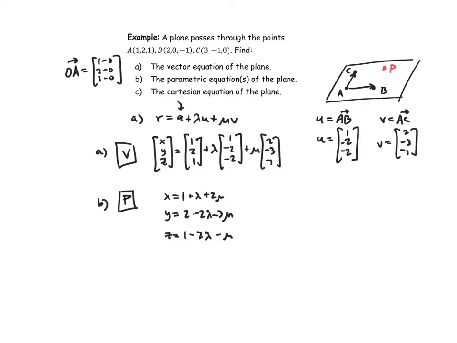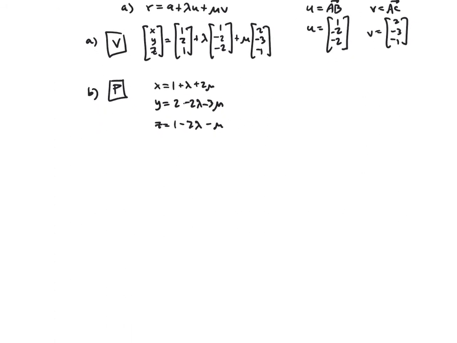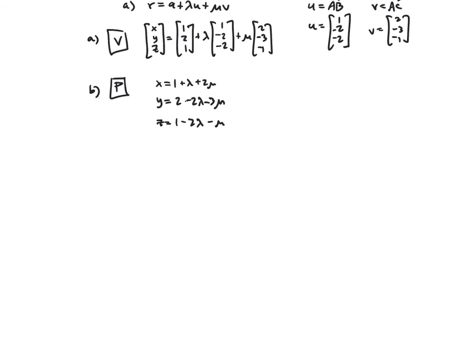Okay, there's parametric. Okay, so let's work on finding the Cartesian equation. And very similar to when we work with lines, it's beneficial to have the parametric form in place in order to do this. So what I'm going to do is take my x component and my y component, and I'm going to end up eliminating one of the parameters.